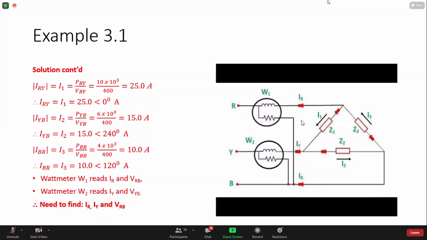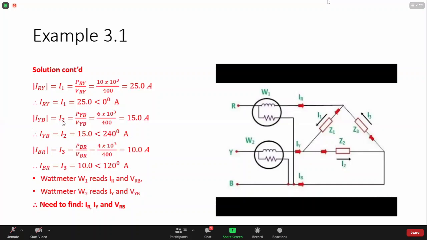Which is an important thing to do. When you're referring to your circuit diagram, you should use the labels that you have there, right? So I1 has a magnitude of 25 amps. And because we know it's in phase with VRY, its angle is going to be 0 degrees. So it's 25 at angle 0 degrees.